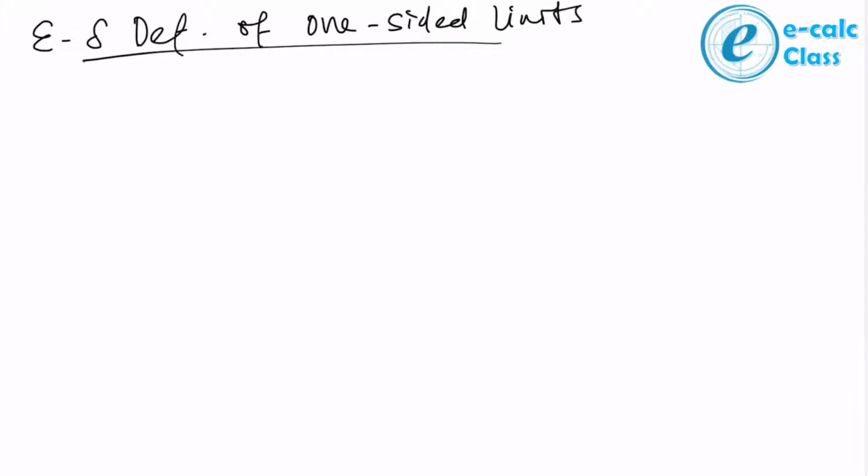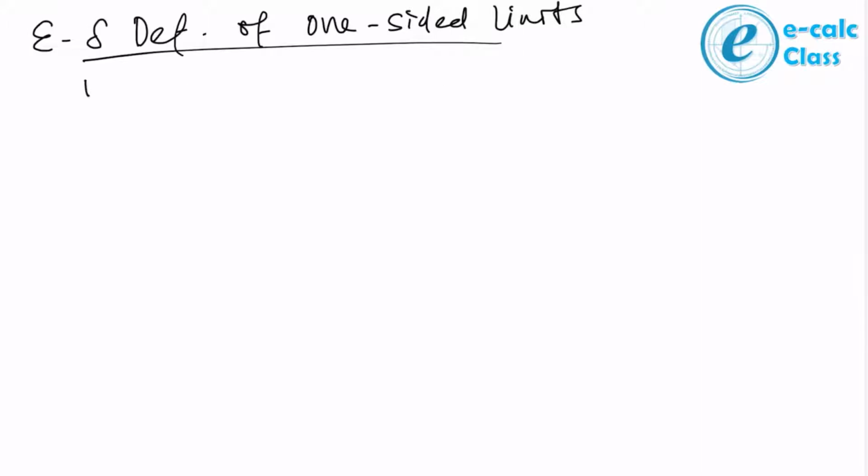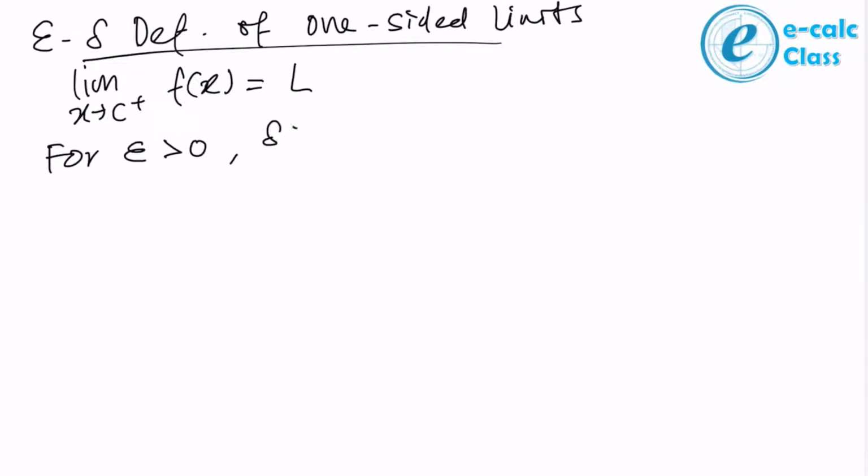And now I will talk about the precise definition for one-sided limits using the epsilon-delta definition. If we have a limit when x approaches c, let's say we start from the right first, of f(x) equals L, then you have to choose two numbers, epsilon greater than 0 and delta greater than 0, very, very small positive numbers.